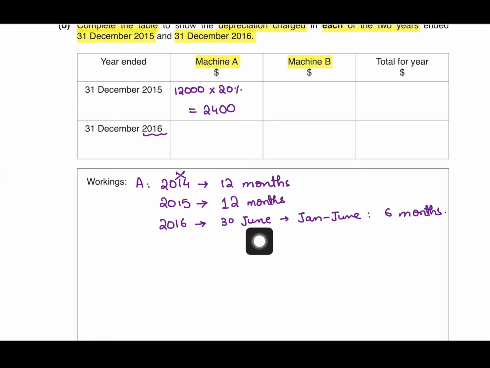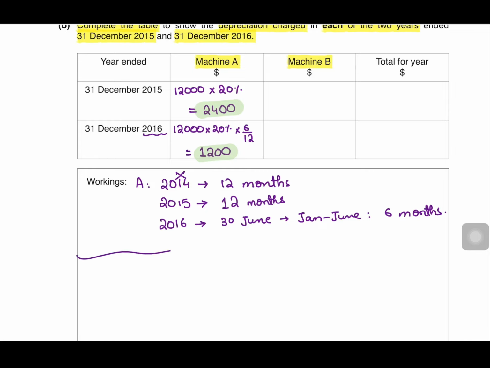We know that only 6 months of depreciation will be charged in 2016 for machinery A, so we'll do the calculation accordingly. 12,000 multiplied by 20%, and now that's not it, we will prorate it according to the number of months, and that will give me a depreciation charge in the year of disposal of $1,200, right? That is how we will calculate depreciation on machinery A in 2015 and in 2016.